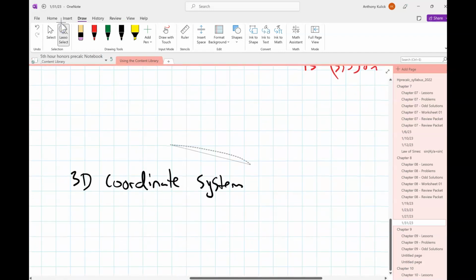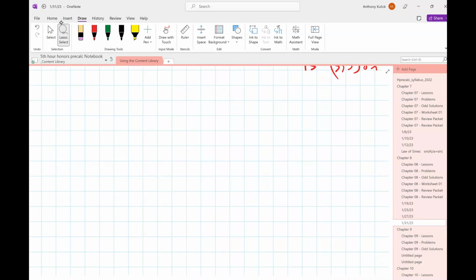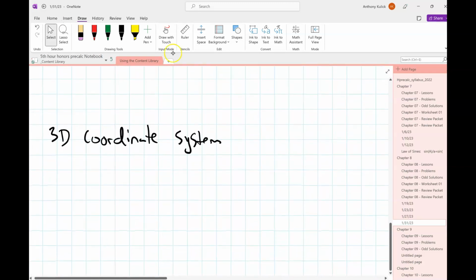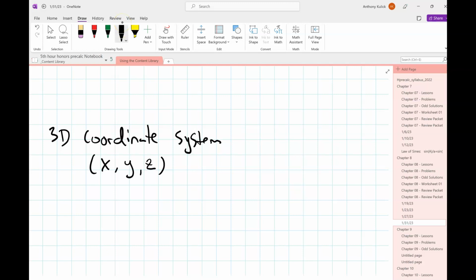That's kind of annoying. Okay. So when we talk about a three-dimensional coordinate system, we're talking about an ordered triple. We give the coordinates for an ordered triple as an x coordinate, a y coordinate, and a z coordinate.